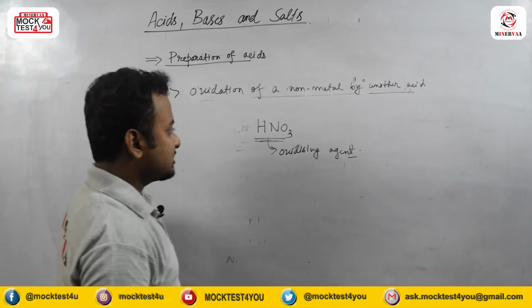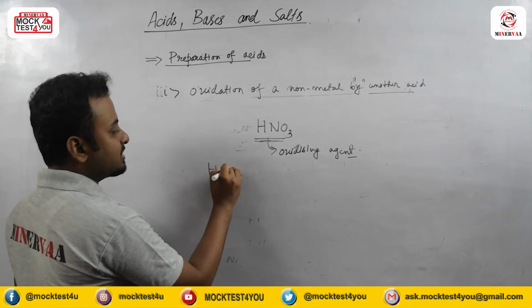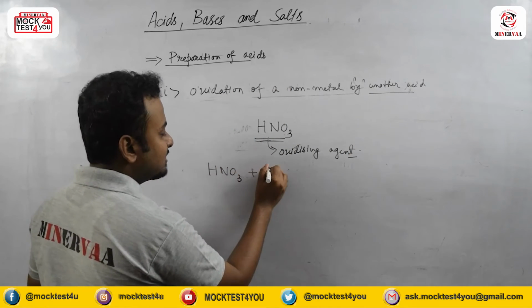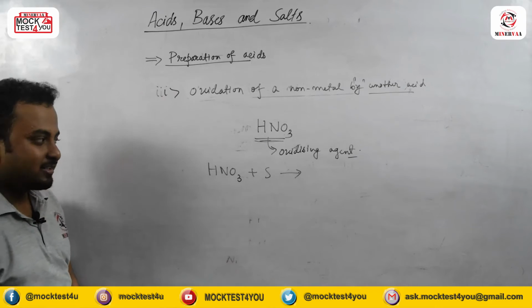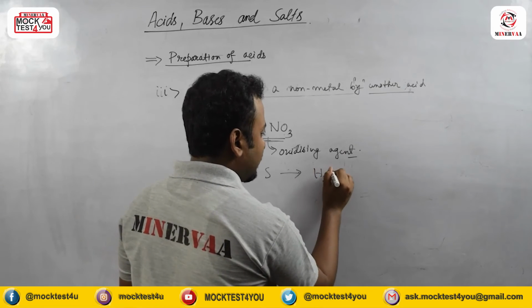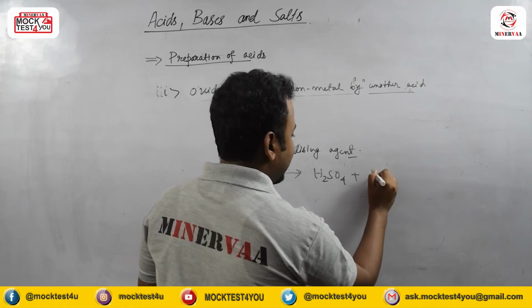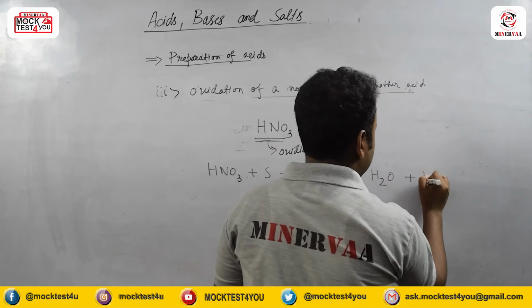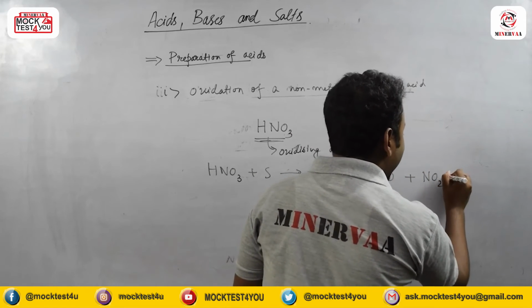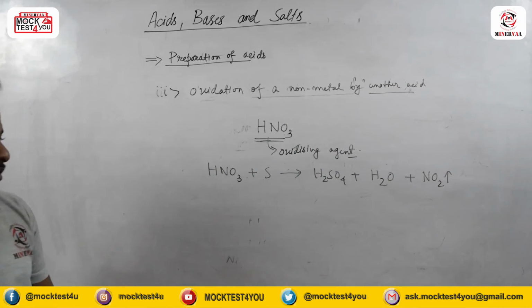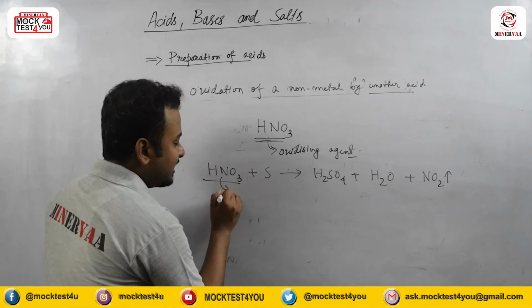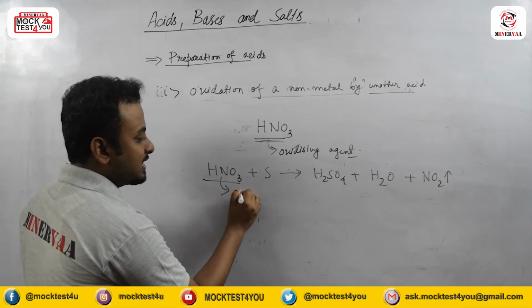So what is the reaction here? HNO3 will combine with sulfur and we will get H2SO4 plus water plus NO2, which is a gas. So HNO3 is an acid and also an oxidizing agent.